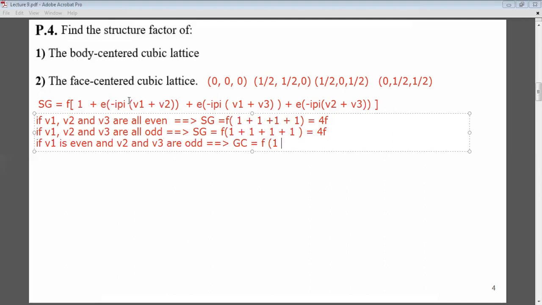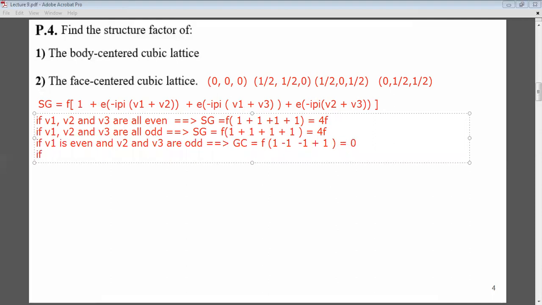So this will be e to the minus i 3 pi, which gives me minus 1. Again, V1 is even, V3 is odd, so this term is odd and will again be minus 1. But V2 and V3 are both odd, so this term is even, the summation is even, so I get plus 1. And this gives me 0.